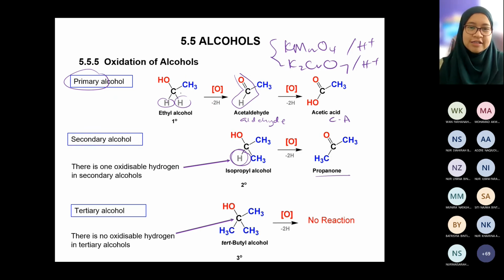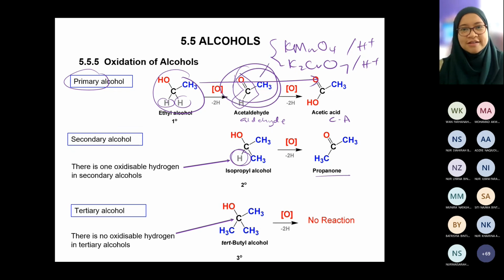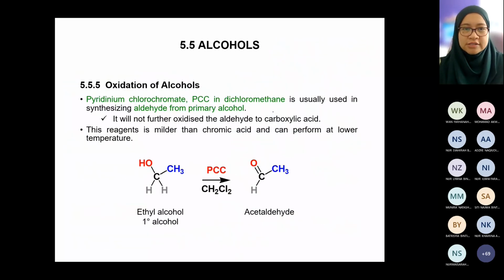Katakanlah kita ada ethyl alcohol, kita ada primary alcohol, it is able to oxidize this directly to carboxylic acid. They skip this part. Sebab dia too powerful. Dia tak akan lalu this aldehyde. Okay, dia akan form the carboxylic acid directly. That's why they're very strong oxidizing agent.